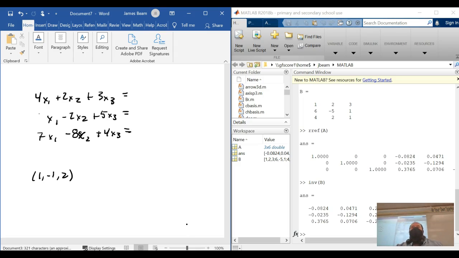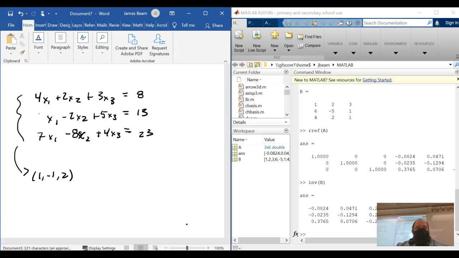Can I do that? So that's going to be 4 minus 2 is 2, plus 6 is 8, right? 1 plus 2 is 3, plus 10 is 13. 7 plus 8 is 15, plus 8 is 23, right? I think. So this system of equations, in theory, should yield that result. I just built it backwards.